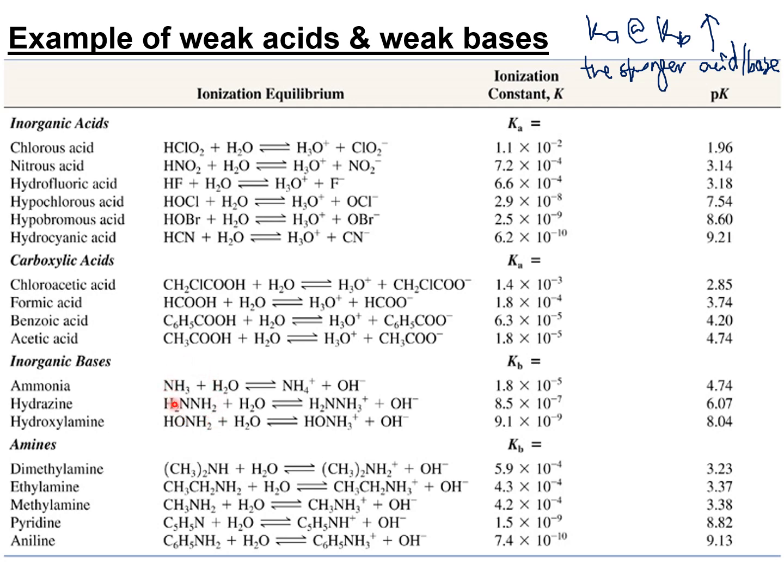Kalau let's say this is base, H2O ni akan jadi acid. Okay, so kalau base pasangan dia ialah conjugate acid, acid pasangan dia ialah conjugate base. Okay, and this is the weak base dissociation constant for the following. Okay, and then if you look at dia punya value of Ka atau Kb ni, lagi besar value dia, the stronger the weak acid ataupun weak base tersebut.